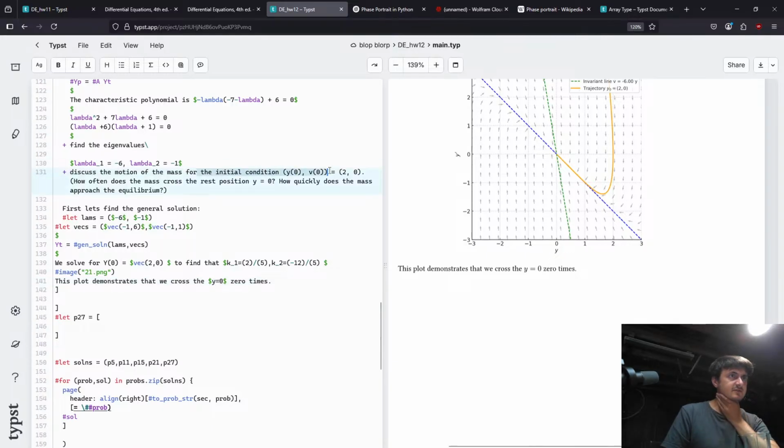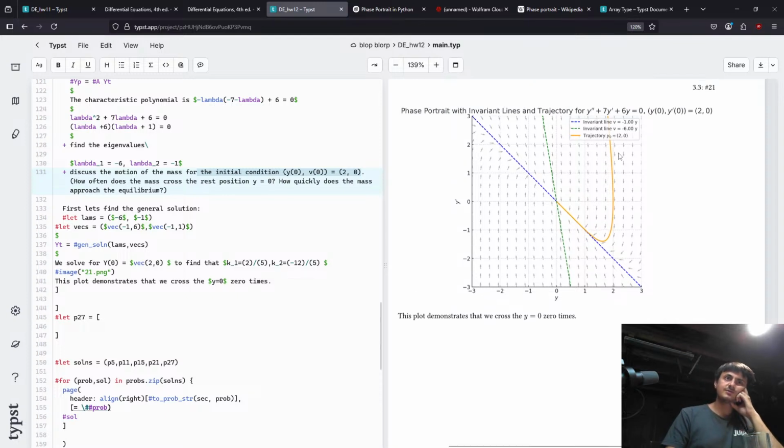Discuss the motion of the mass for the initial condition. So basically, its velocity is really high, then its velocity swings back over, and then it just dies.